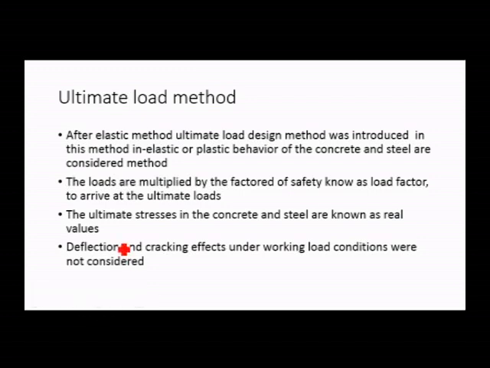The inadequacy of ultimate load method is that serviceability aspects of deflection and cracking at various loads are not considered, and the deflection and cracking effects under working load condition were not considered in this particular method. So these are the 3 important methods, whereas 2 methods are merely outdated and 1 method is in practice.